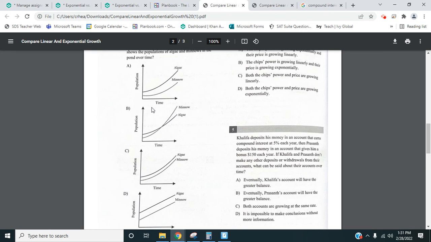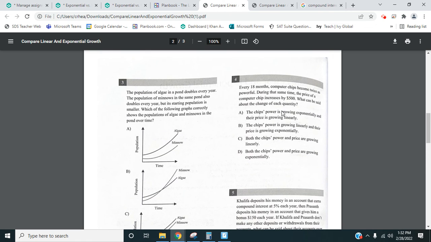It's got to be A. See? C has the same kind of slope to it the whole time. It's not the way exponential functions work. What's actually happening is A is correct because the algae and the minnow are just off horizontally. If you shifted over the minnow a little bit more, then it would match up, right? Anyway, number 4 is A.